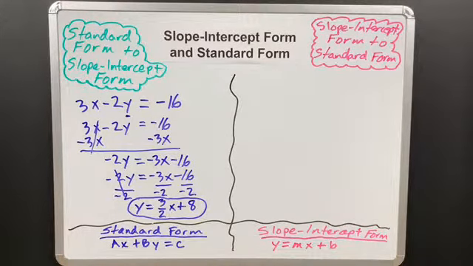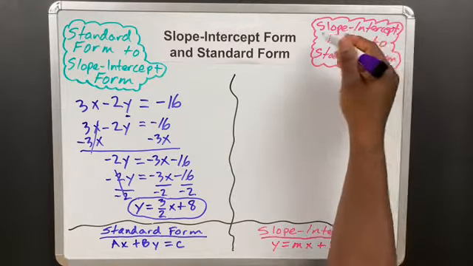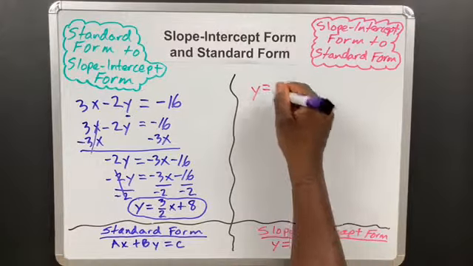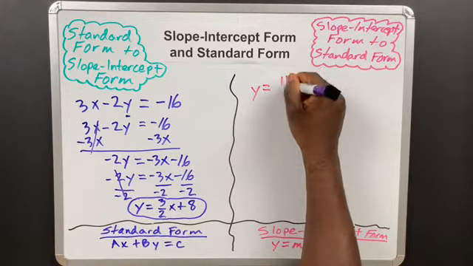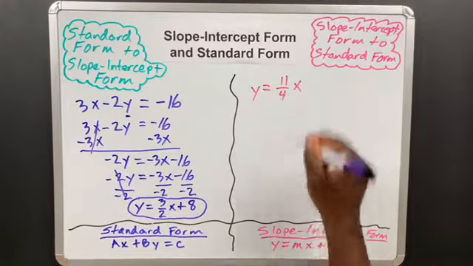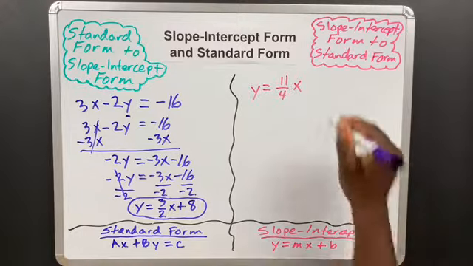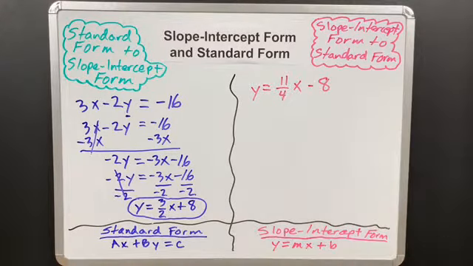Now let's go ahead and do the opposite. Now we're going to convert an equation that's written in slope-intercept form to standard form. All right? So here's the equation we're given. y equals 11 over 4 times x minus 8.